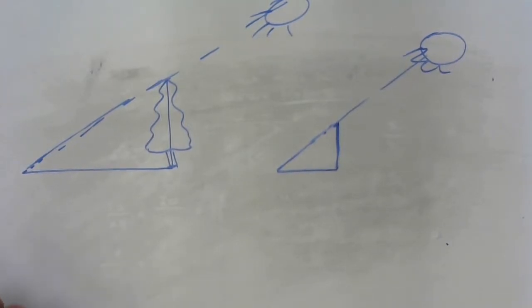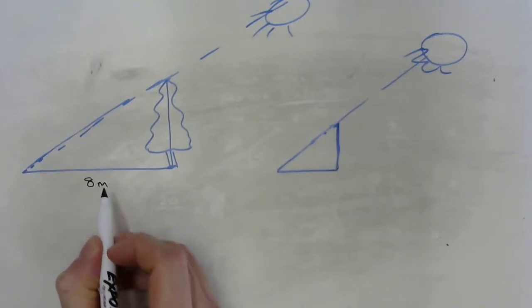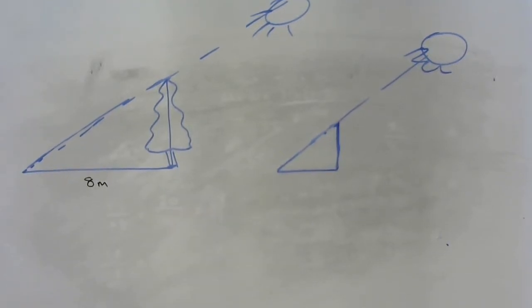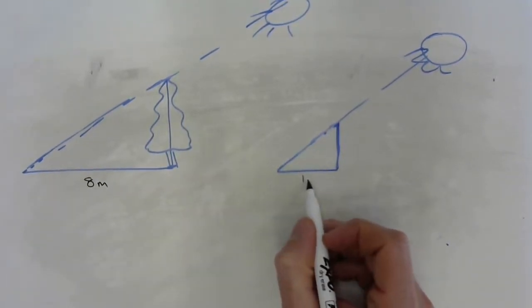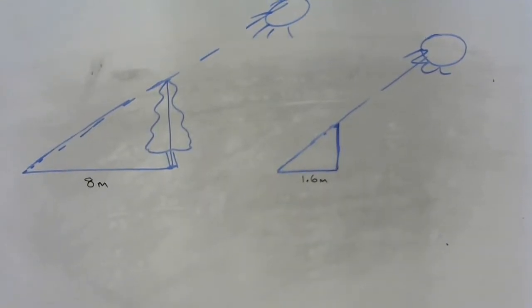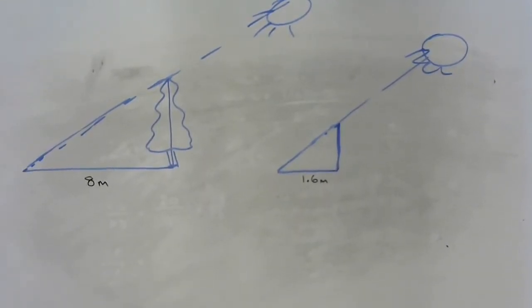So that's what they're going to do. They measure the length of the tree's shadow. They determine that it is 8 meters long. The shadow made by the meter stick is 1.6 meters long. What does that give them?